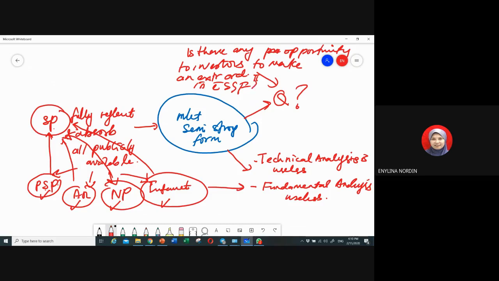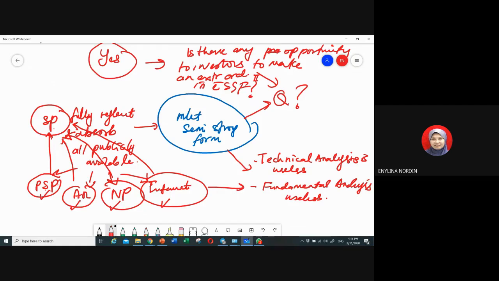That's the question. Is there any opportunity for investors to make an extraordinary profit in the semi-strong form, since we know that technical analysis and fundamental analysis are useless now? So the answer is yes. The investors can still have an opportunity to make an extraordinary profit.